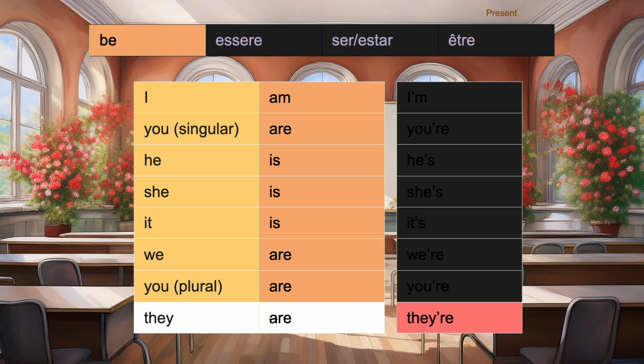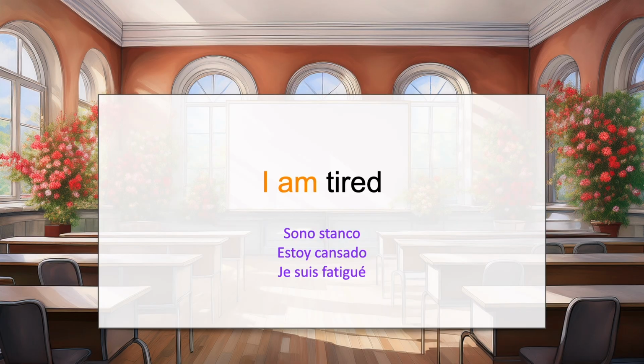All right, let's look at some examples. This is going to take some getting used to, so you'll have to just learn it, memorize, and practice, practice a lot. Let's look at this example.